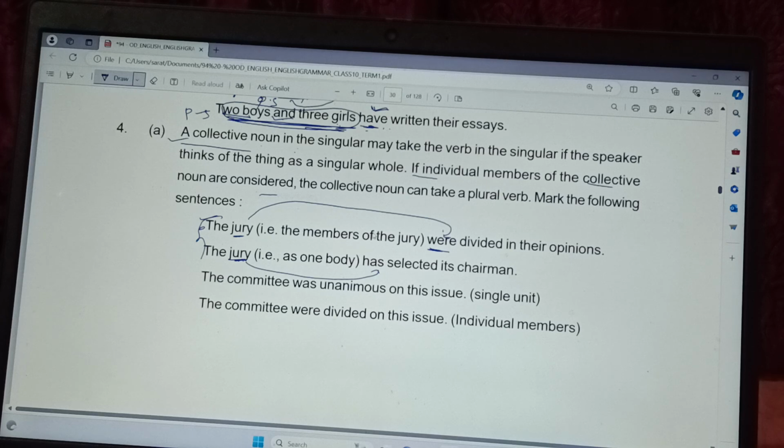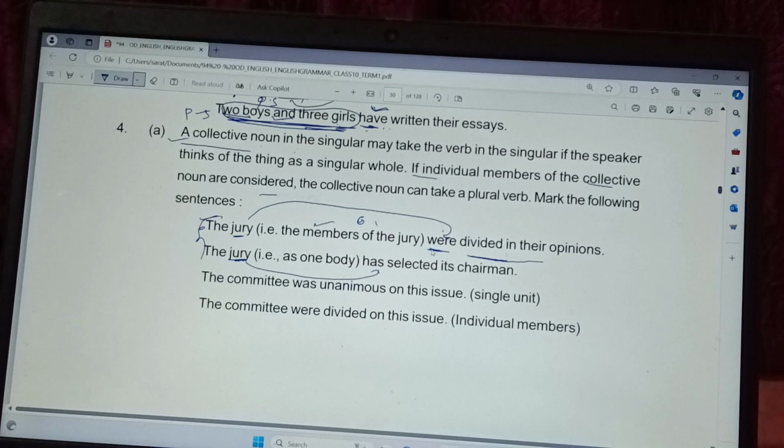When does it take a singular verb and when a plural verb? Look at this: the jury were divided in their opinion. That means all the members of the jury had different opinions on the particular issue. So the individual members were divided. So this is not one body's decision.